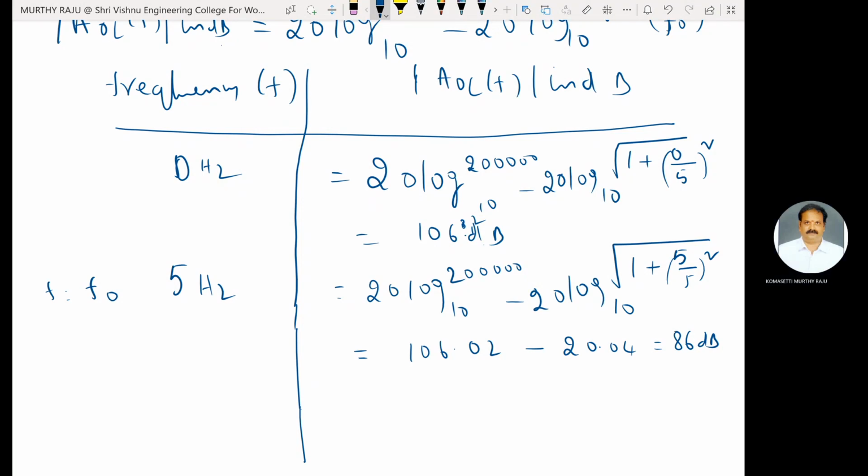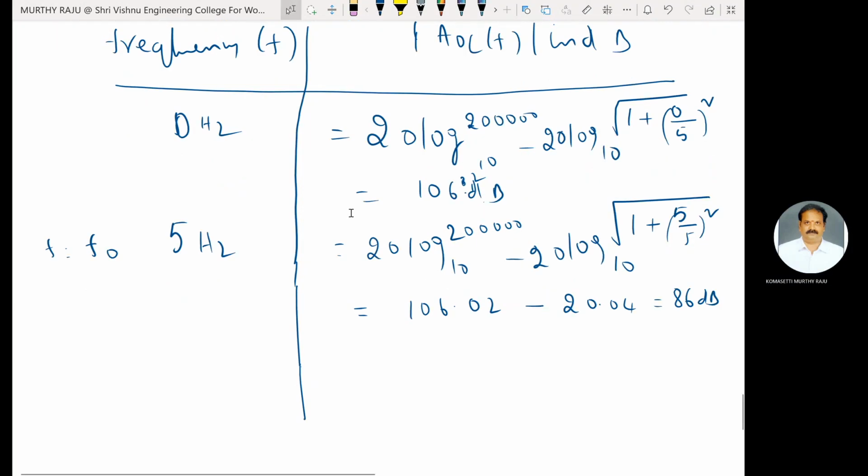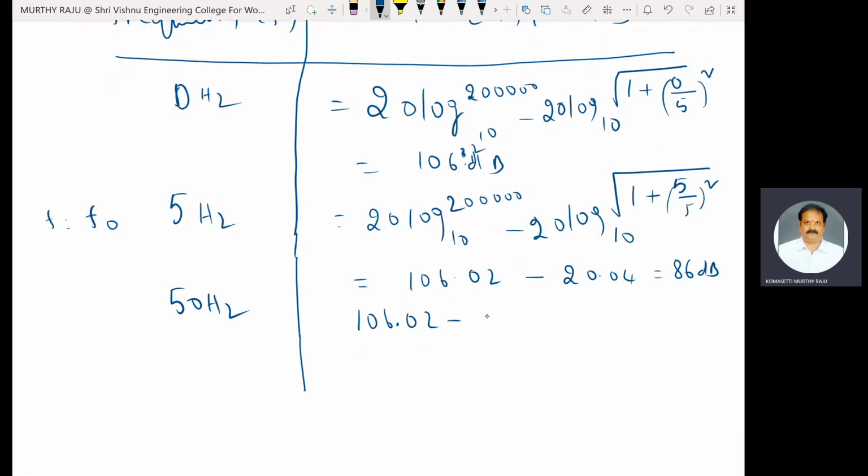Next, at 50 Hz frequency, magnitude is equal to 106.02 minus 40, that is equal to 66. At 500 Hz, 106.02 minus 60 is approximately equal to 46 dB.